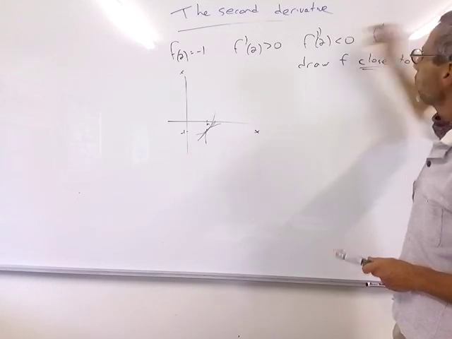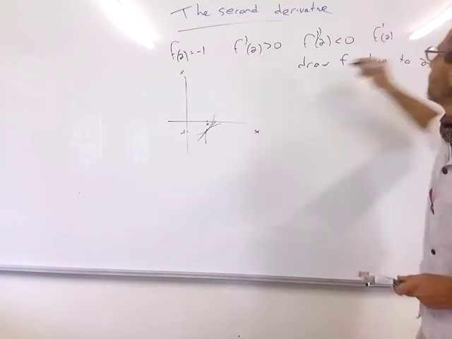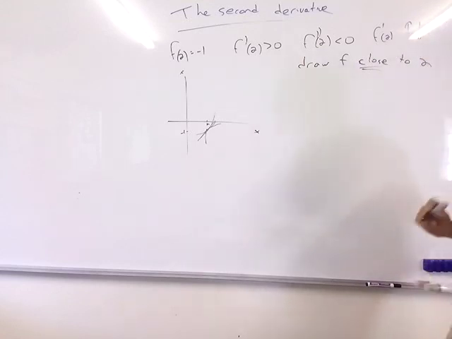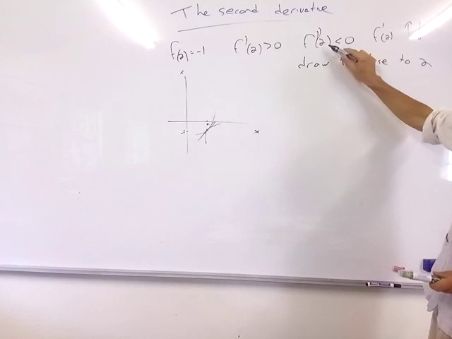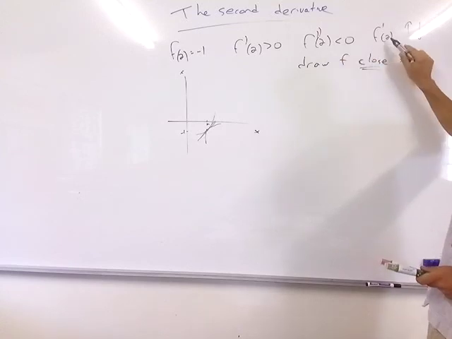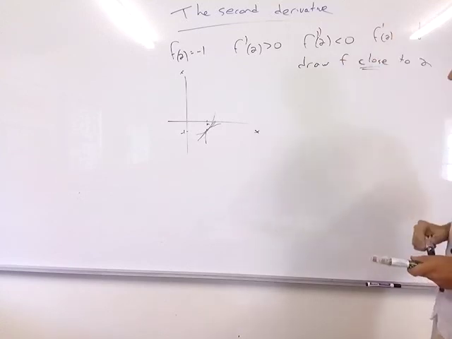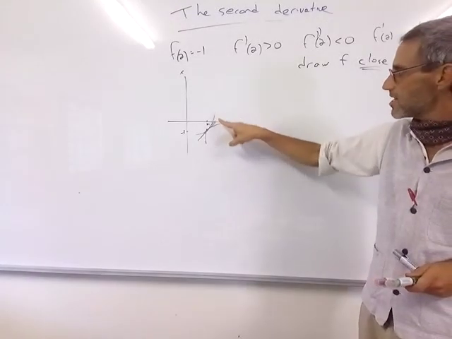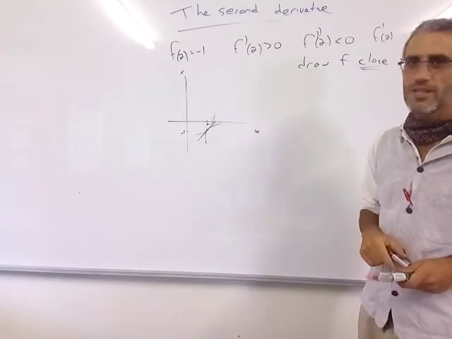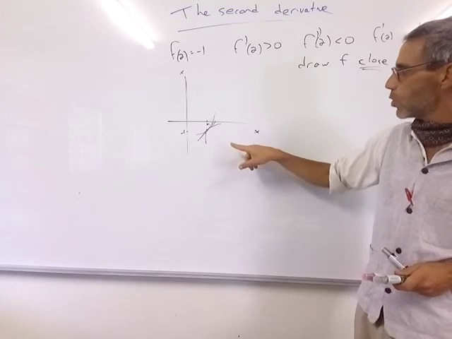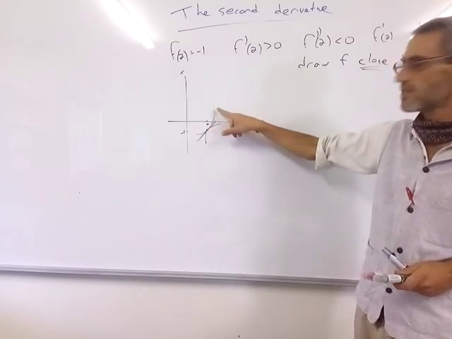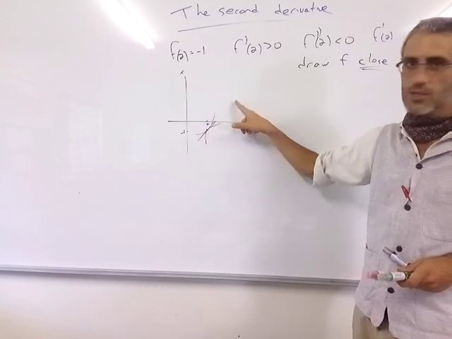I know that the first derivative is positive, but is it increasing or decreasing? It's decreasing, because if the second derivative is negative, that means the first derivative is necessarily decreasing. In other words, which curve is it going to be: green, black, or red? It's not the green. Probably the black, because the red one has a constant slope.